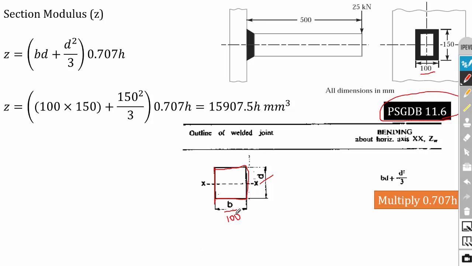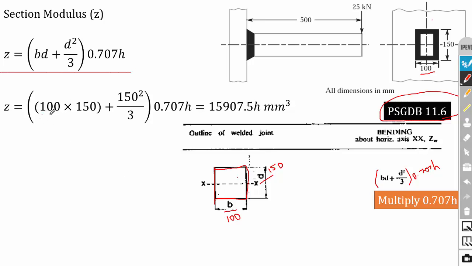So you can compare the two images that is given in the problem and the image from your data book. And D is 150. So the Z equation is BD plus D square divided by 3, and I have told you to multiply 0.707 H with this. So this is the Z equation.